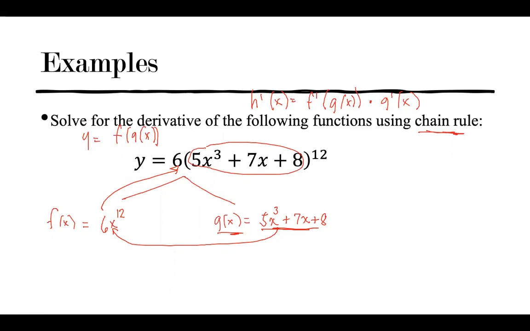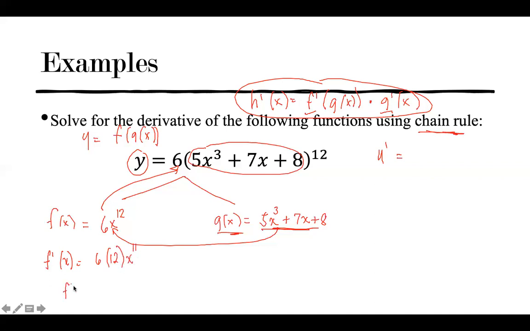To continue, our goal here is to solve for the derivative of y, so again we need to focus on this format. We have the derivative of f and the derivative of g. First, solve for the derivative of f: this will be 6 times 12x to the power of 11, and simplifying, 6 times 12 is 72x to the power of 11.